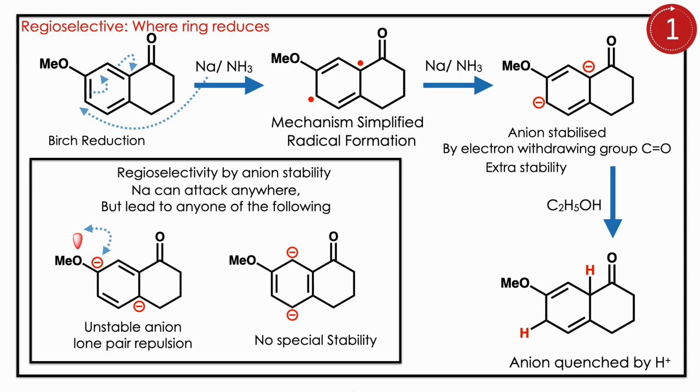So the carbonyl group stabilizes the anion. The reduction happens, and you have the final product. Simply you can say the carbonyl is electron withdrawing, the double bond forms away from it. The concept you outline here is regioselectivity promoted by anion stability. The carbonyl stabilizes the anion, which promotes the regioselectivity.